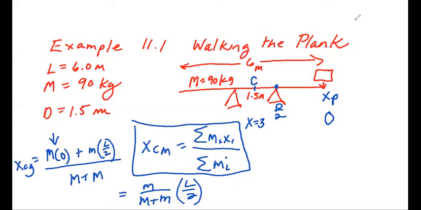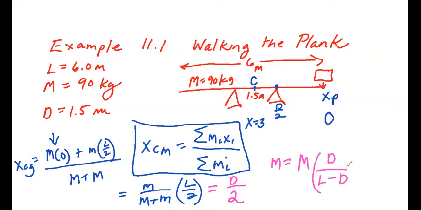Now, we've already established it has to be over the right support, which is a distance of D over 2 from the center. I'm going to set that equal to that. I know where the center of mass has to be, and I'm just going to solve for the boy's mass. So his little m is equal to M times d over L minus d.